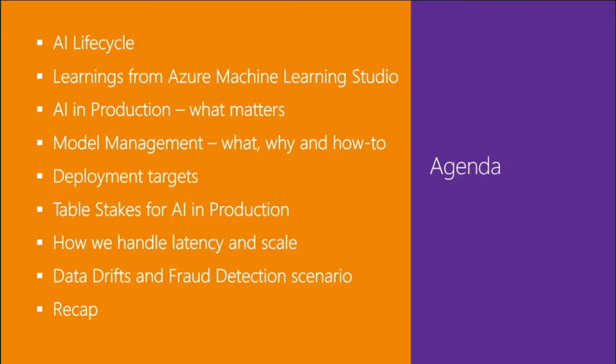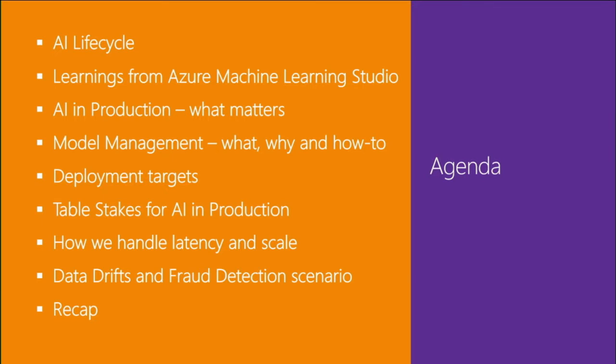So going into the agenda, we're going to talk a little bit about the AI lifecycle, how that differs from the regular software development lifecycle. We'll get into some of the learnings that we had from Azure Machine Learning Studio, and then a little more deep dive into what matters when it comes to AI in production. What are the table stakes? What's specific with machine learning or AI?